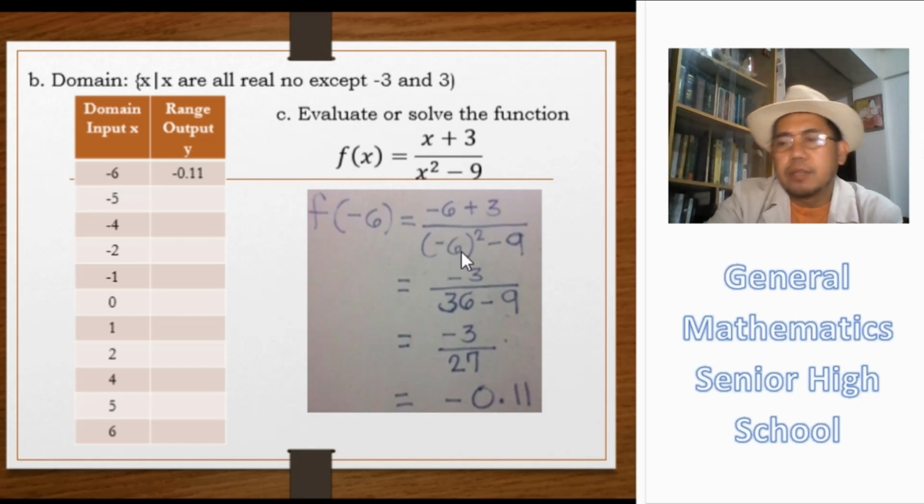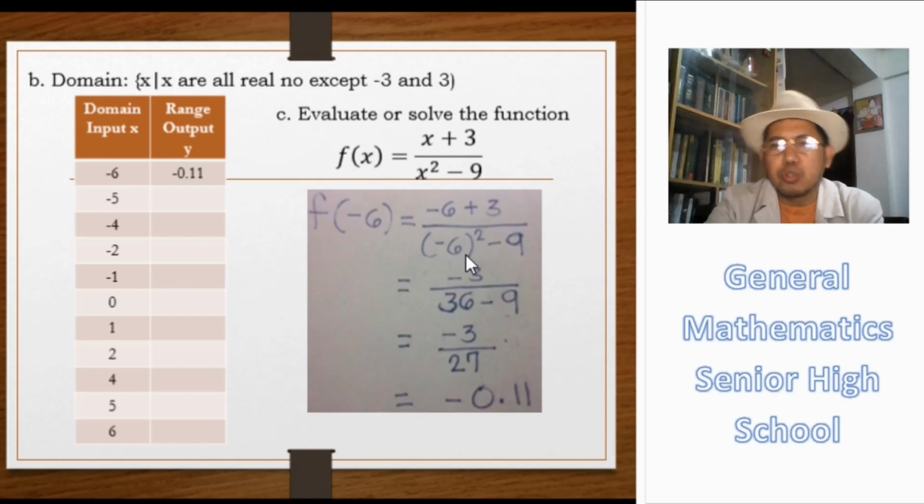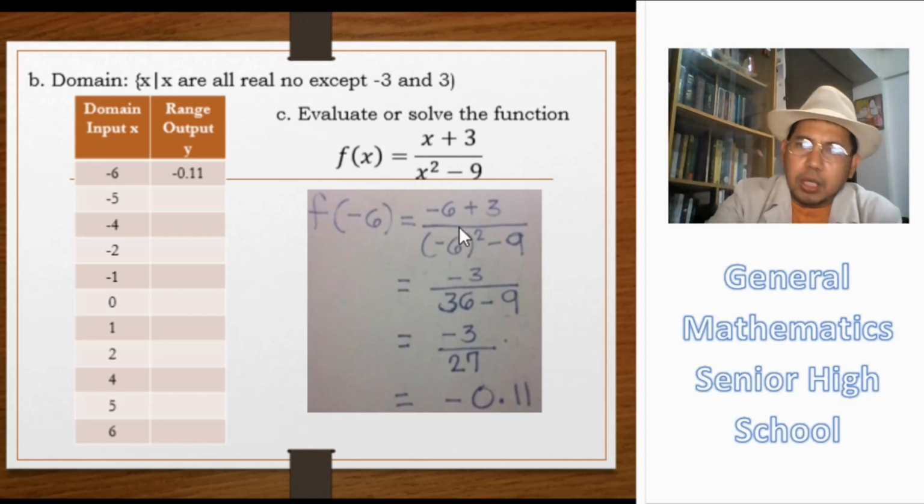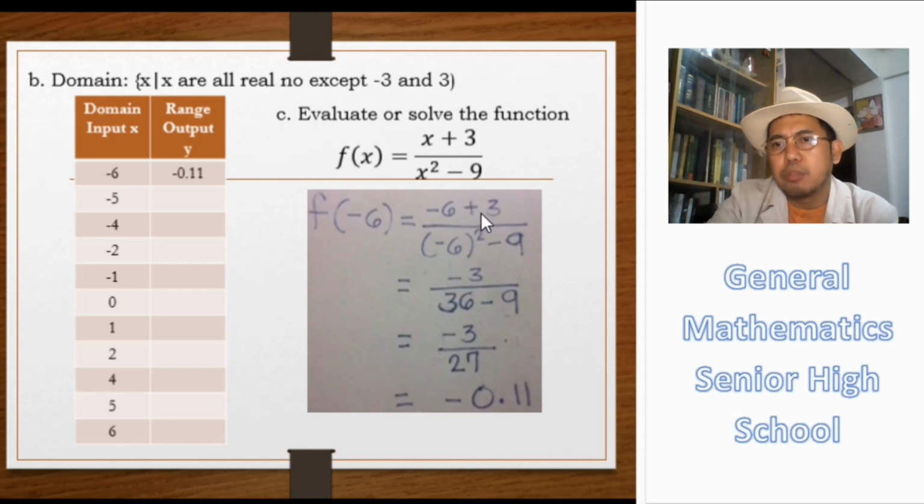Now after having the replacement or substitutions of the x in the numerator and the denominator, do the indicated operation. So I have in here the indicated operation in the numerator. -6 plus 3 will give you -3. The quantity -6 raised to the second power will give you 36 minus 9.